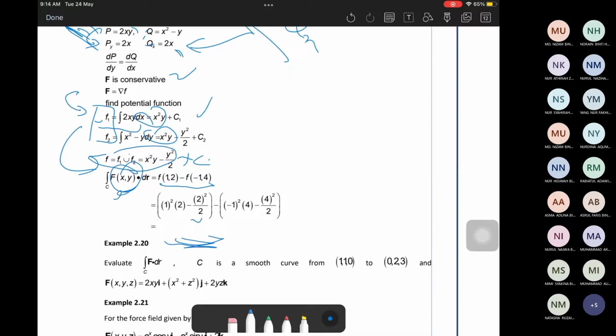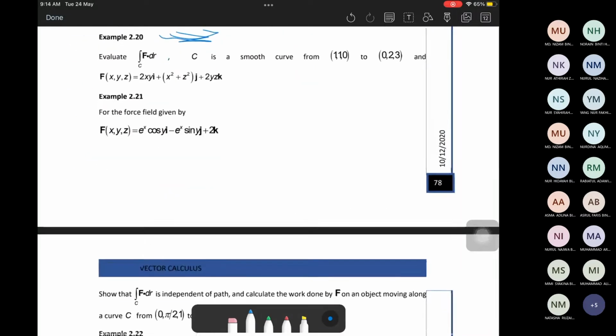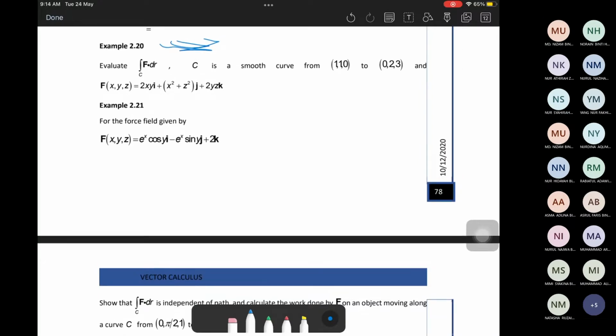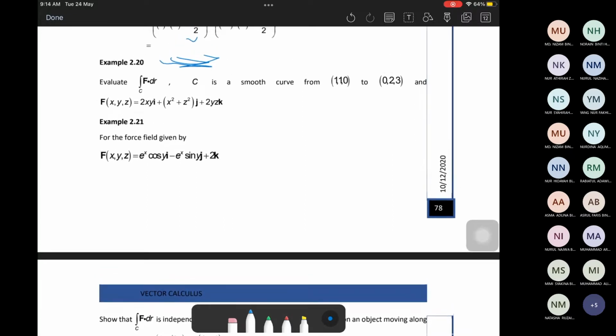Okay, example 2.20. Evaluate the integral where C is a smooth curve from (1,1,0) to (0,0,3), and F equal to xy i + (x² + z²) j + 2yz k. Okay, nampak? Dia hanya bagi point saja, tapi dia tak beritahu pun dia punya curve dia bagaimana.